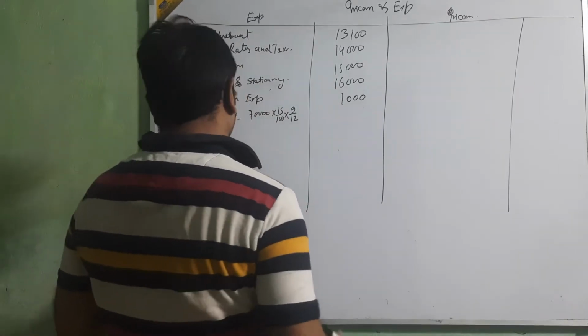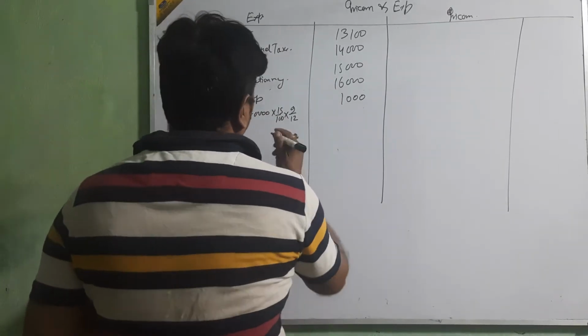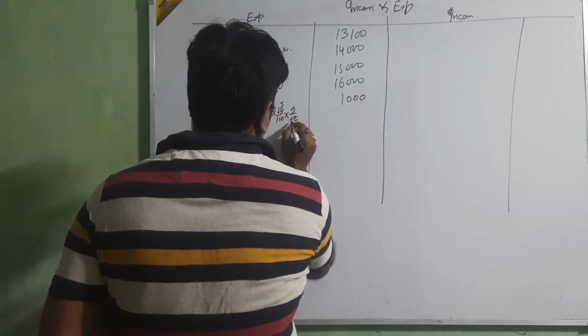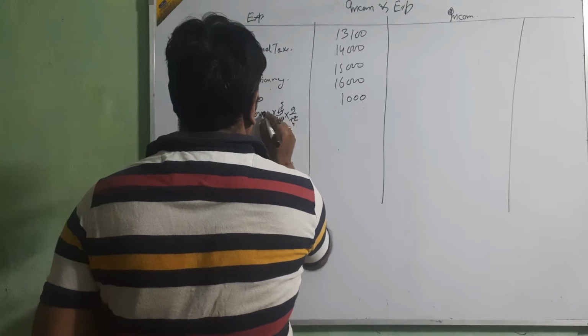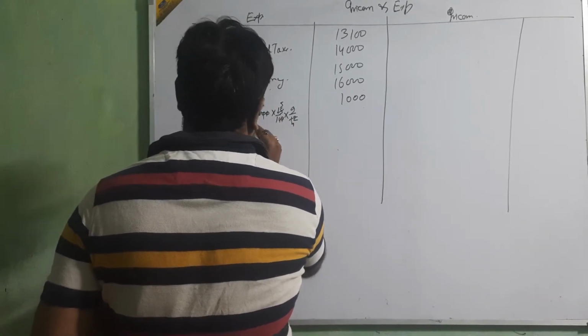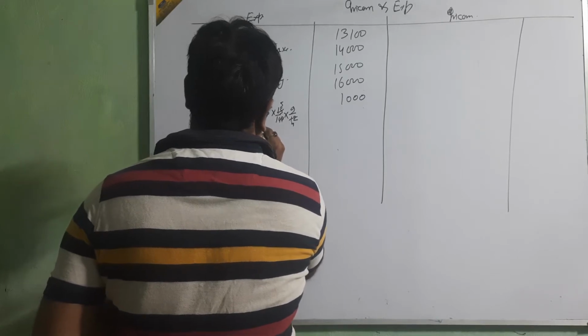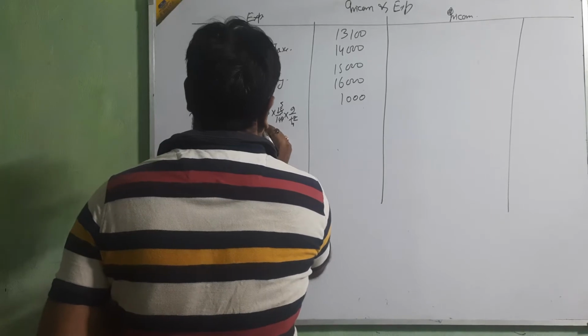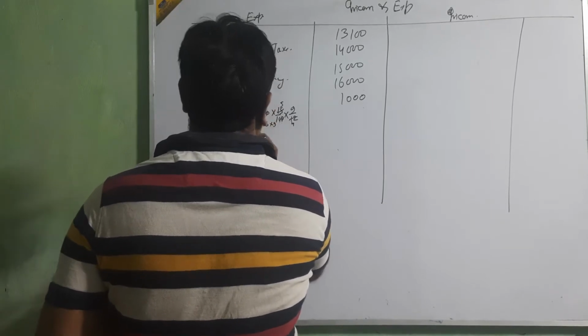Okay? Just calculate. What amount will come? And then multiply all this.